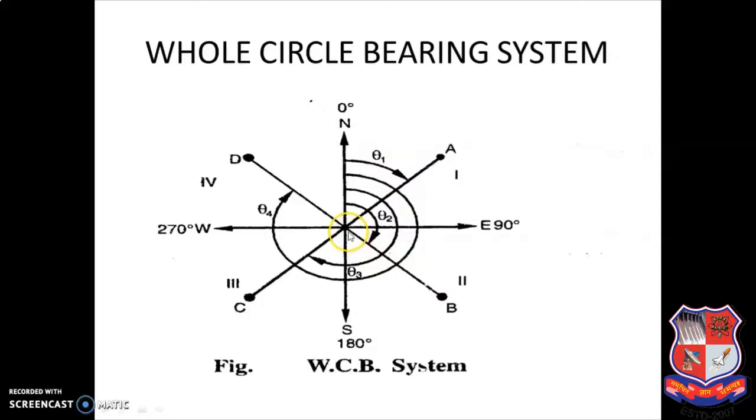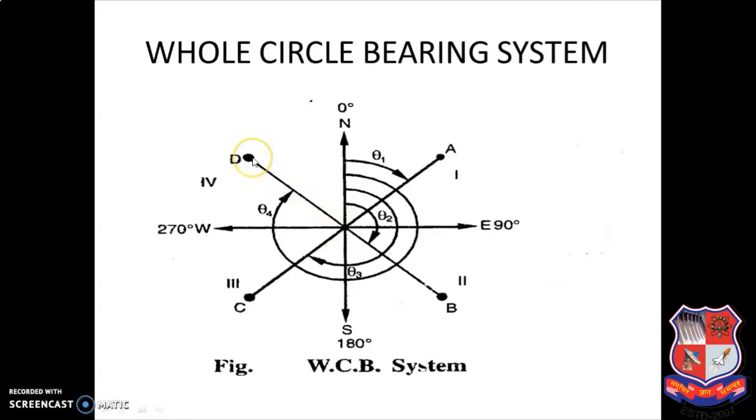In the same way, this is your OB line which makes angle theta 2 with respect to the north direction again. This is your OC survey line which makes angle theta 3, again with respect to the north direction.